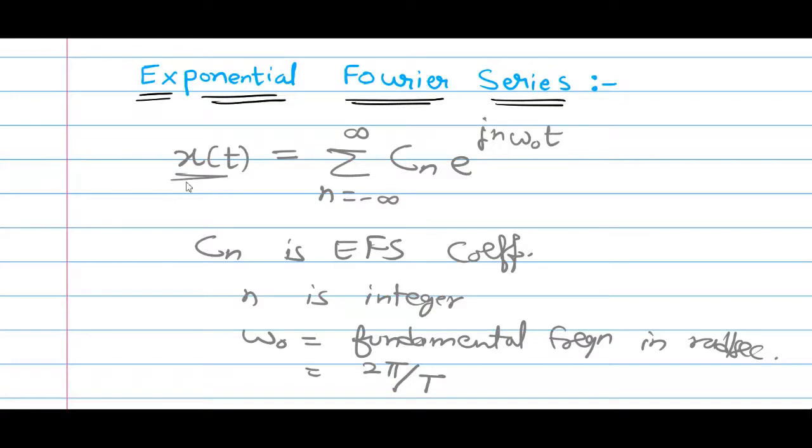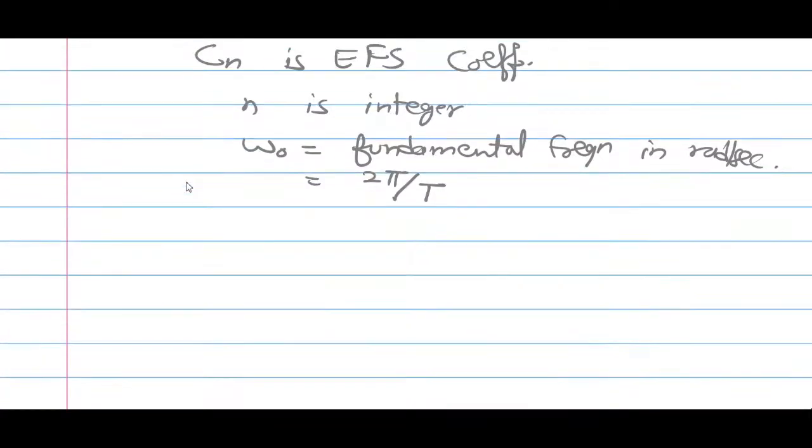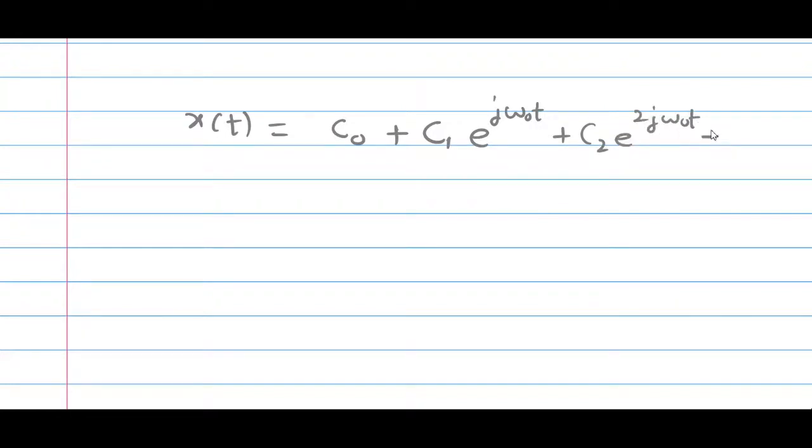If I expand this summation, x of t will be c naught, if I put n equal to 0, plus c1 e raised to power j omega 0 t plus c2 e raised to power 2j omega 0 t plus and so on.